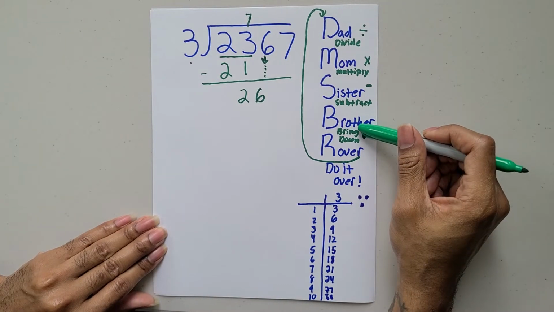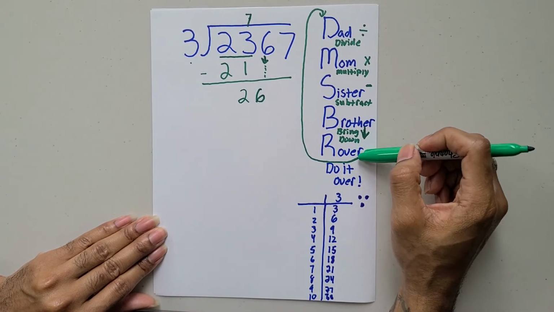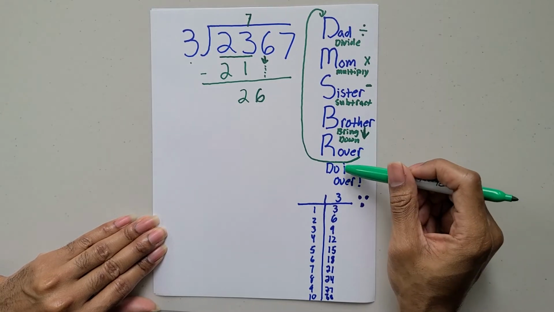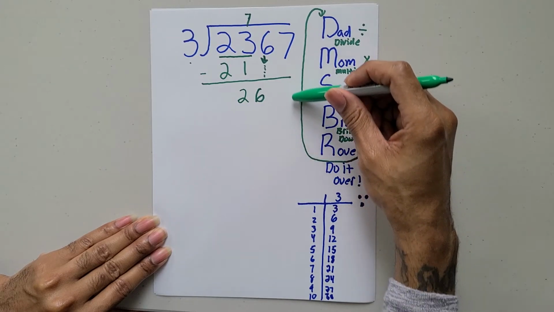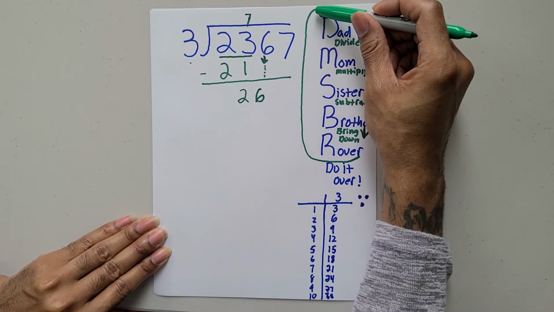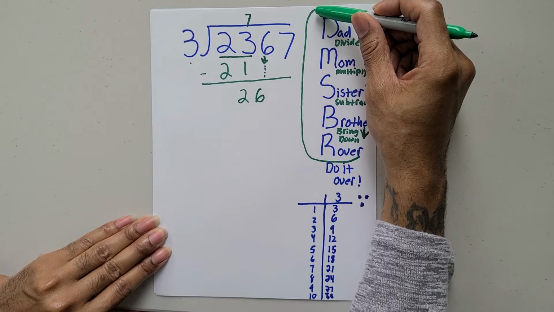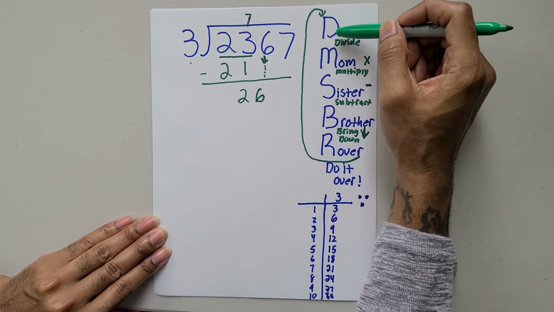We're finished with brother. Well, we need to go to our family pet, Rover. And Rover is going to do it over. So that means we're going to go right there to the very beginning and start all over again. Now, let's divide.